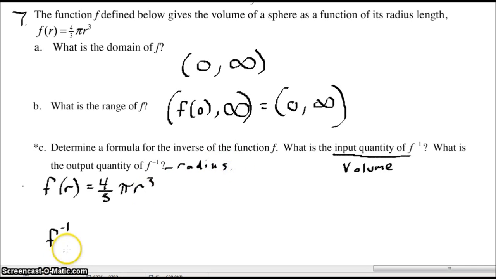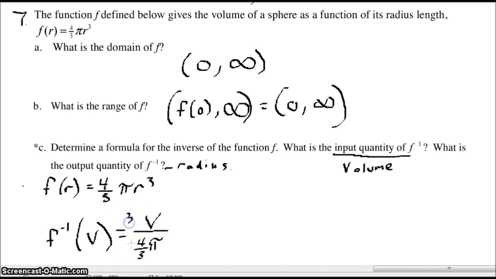So our inverse is going to take as its input a volume. Now notice we just have to undo what happened above. We take our radius, we cube it, and we multiply by 4/3 pi. So essentially, when we get our volume, we would divide by 4/3 pi, undoing the multiplication.